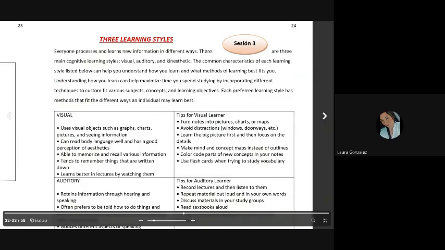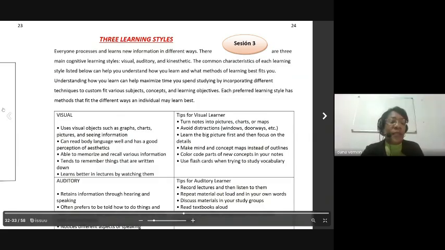Understanding how you learn can help maximize the time you spend studying by incorporating different techniques to custom fit various subjects, concepts, and learning objectives. Each preferred learning style has methods that fit the different ways an individual may learn best.